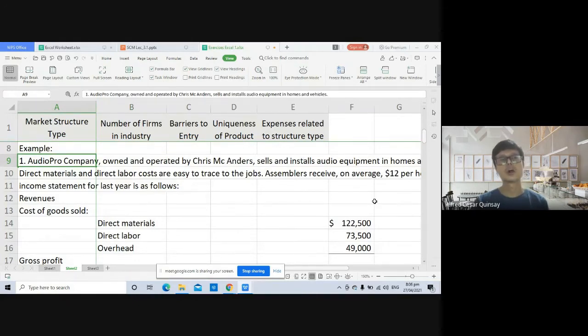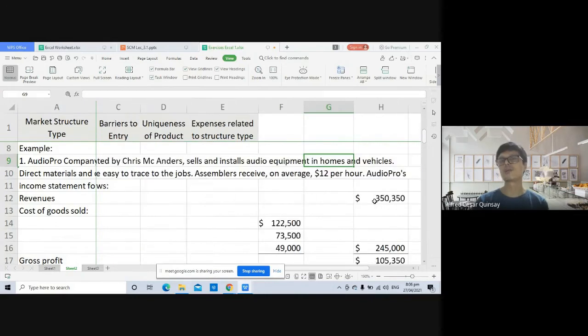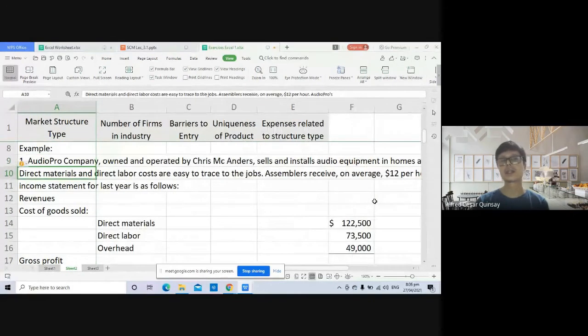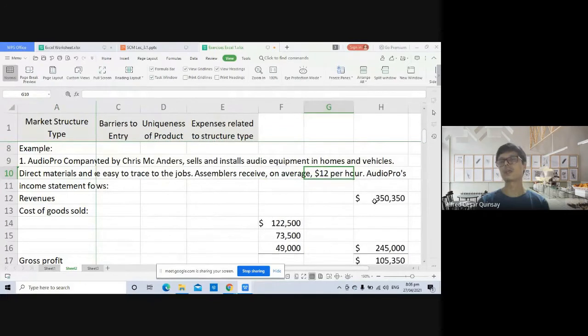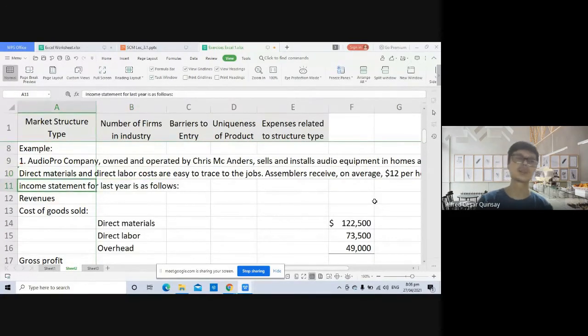Okay, so Audio Pro Company owned and operated by Chris McAnders sells and installs audio equipment in homes and vehicles. Direct materials and direct labor costs are easy to trace to the jobs. Assemblers receive on average $12 per hour. Audio Pro's income statement for last year is as follows.